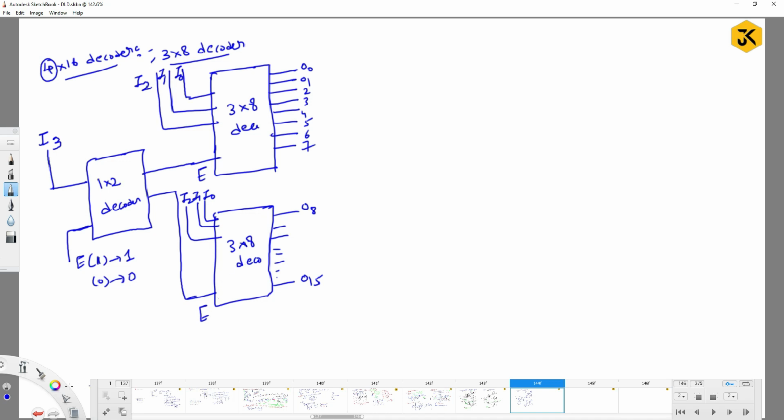So guys, what is the next question we will get? How many decoders are required if I need to construct one such decoder? For example, if I need to implement a 3 by 8 decoder, how many 1 by 2 decoders are required in order to get the requirement of a 3 by 8 decoder?